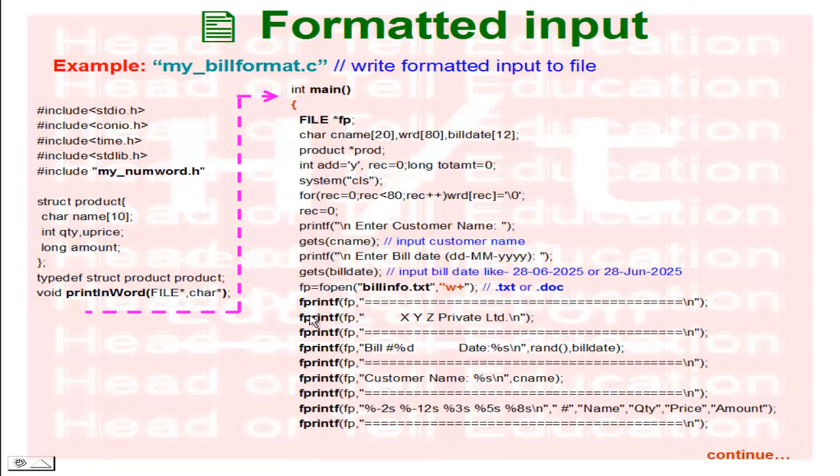Now this is the important one, the fprintf. In simple printf I am using, the output is on the screen, like printf new line enter customer, so the customer name is shown on screen and after that we type the customer name.